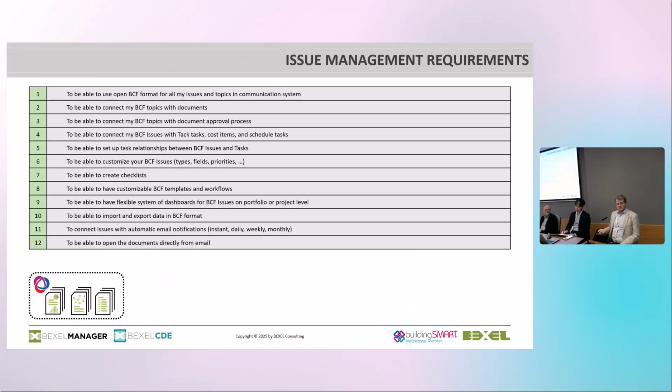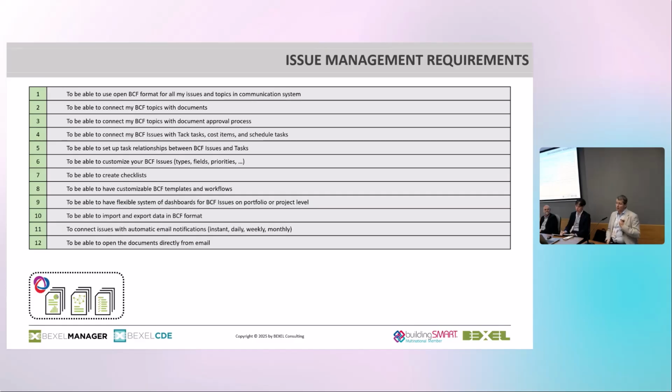So issue management requirements. As I said, the basis should be BCF, but we need to have some additions. So documents have to be attached, a specific version of documents, because then I can create a transmittal based on BCF or a submittal. And this is what is missing today. So I cannot have a submittal with two-level document approval in BCF.